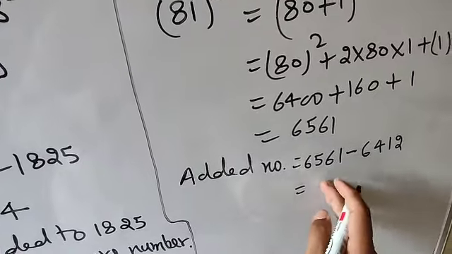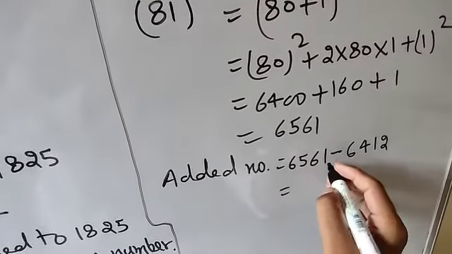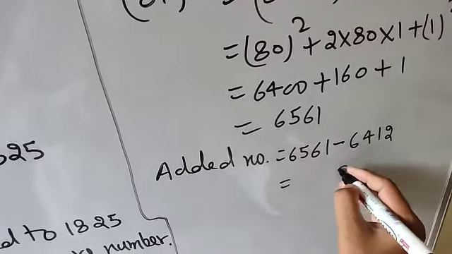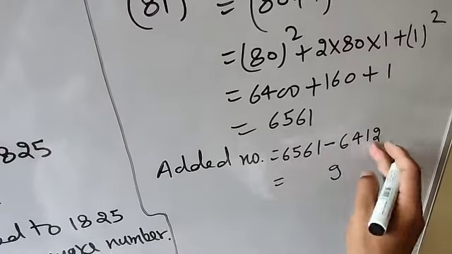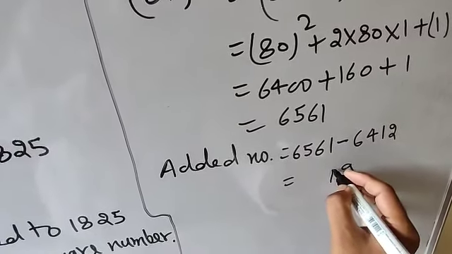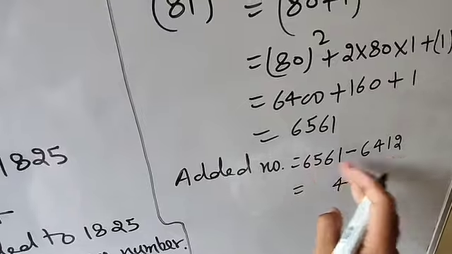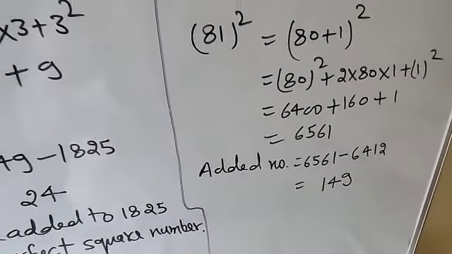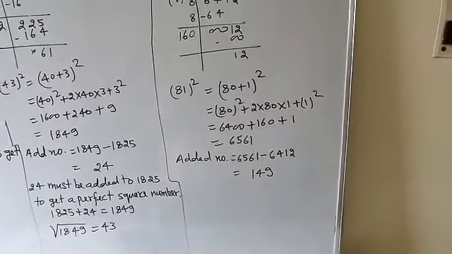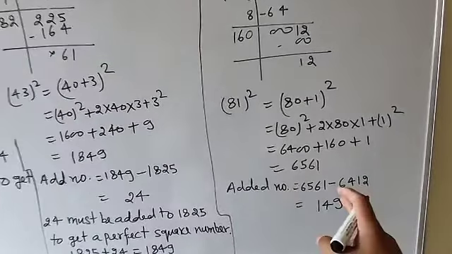That will be the added number. If you subtract this number, 11 minus 2 is 9, here 5 minus 1 is 4, here 5 minus 4 is 1. So if you add 149, then this number will be 6561.